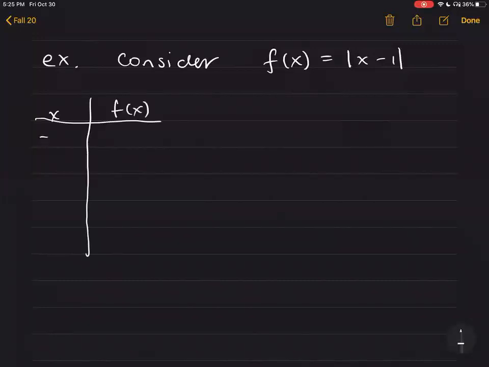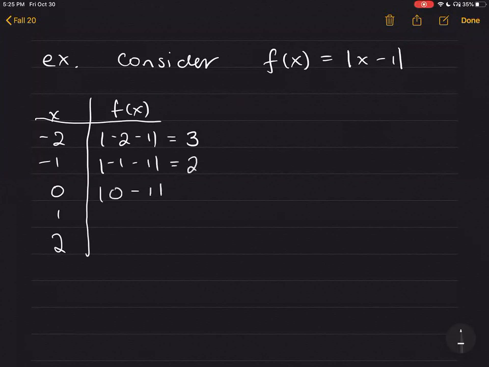Let's do our usual points. And so if we plug these in, we get absolute value of -2 minus 1. That's going to be the absolute value of -3, so that's 3. And then absolute value of -1 minus 1 is going to be 2. 0 minus 1 is going to be 1. 1 minus 1 will be 0. And then 2 minus 1 will be 1 again.